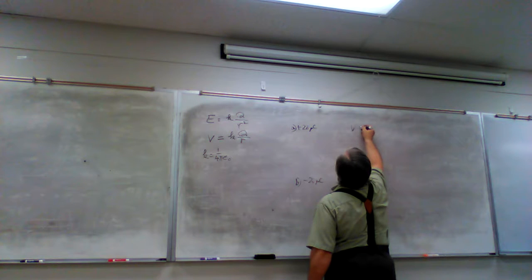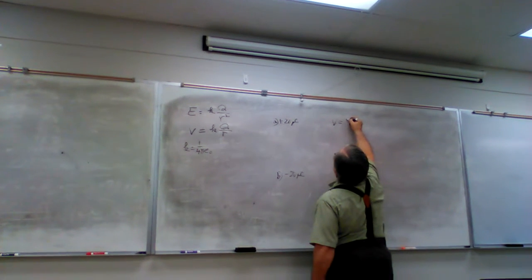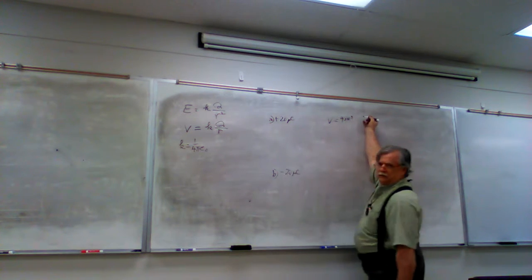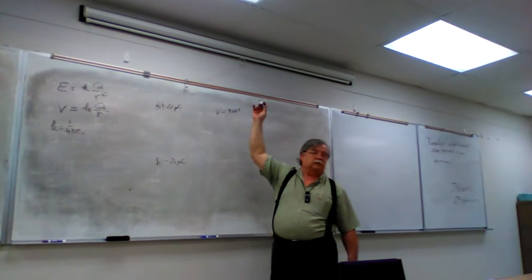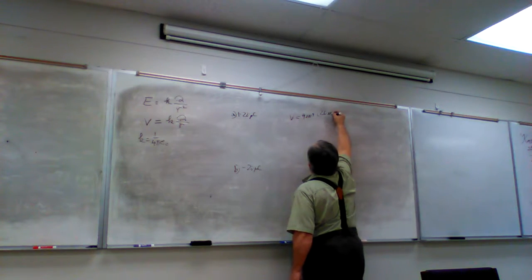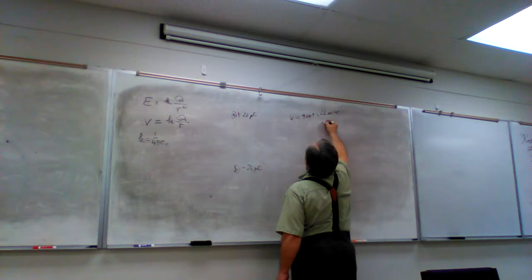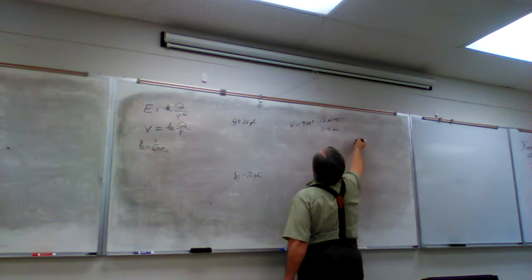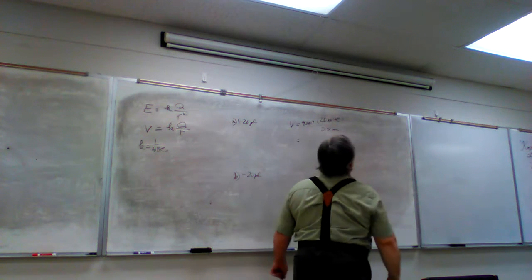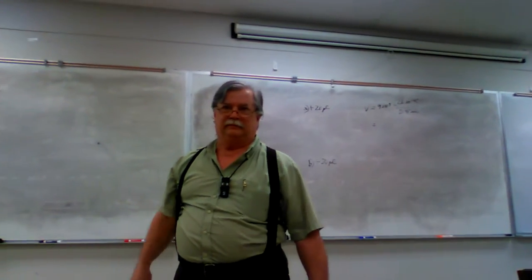Potential of a plus. And the plus would be, what's K? 9 times 10 to the 9? Am I remembering that correct? Times 20 times 10 to the minus 6 coulombs divided by 0.5 meters equals, somebody with a calculator, do the ciphering.